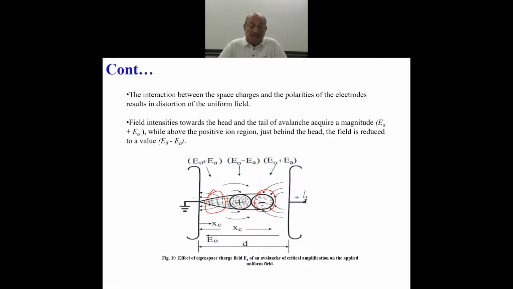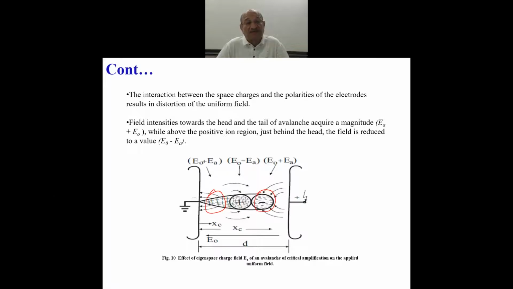So at the head, as well as at the tail of the avalanche, there is an increase in the field intensity. Whereas in the middle, there is a decrease. Why is there a decrease? It's very simple, though slightly difficult to understand. The space charge, which one will be stronger, positive or negative?